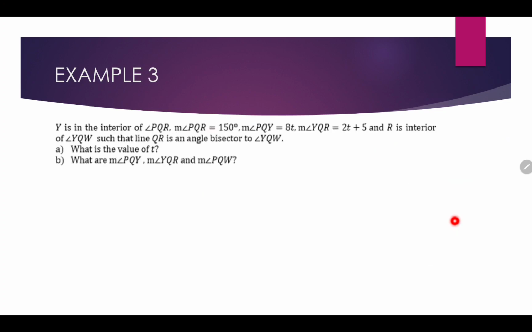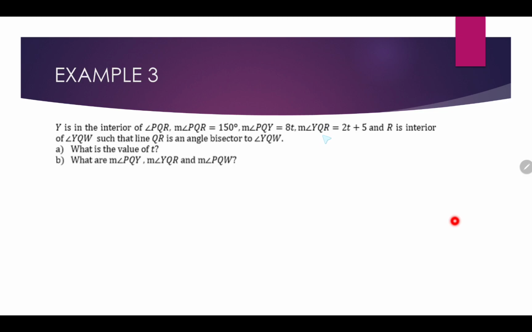Okay, so now we turn to example 3. Y is in the interior of angle PQR. You are not given the figure here, so you need to imagine where angle PQR is. The measurement of angle PQR is 150 degrees, and the measurement of PQY equals 8t.